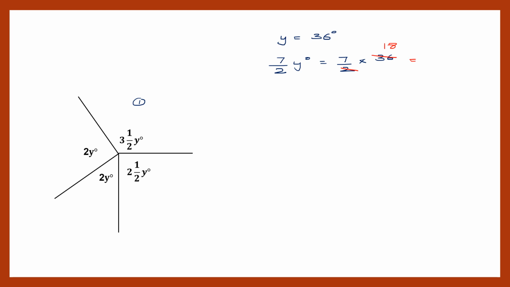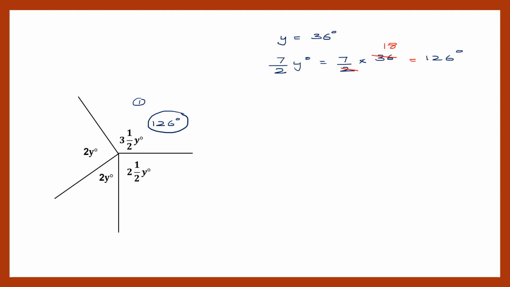Now I need to multiply 18 into 7. So let's do that. 18 into 7. 7 eights are 56, carry 5. 7 ones are 7, plus 5 is 12, 126. So the first angle is 126 degrees. Let's write it down. 126 degrees is the first one here.